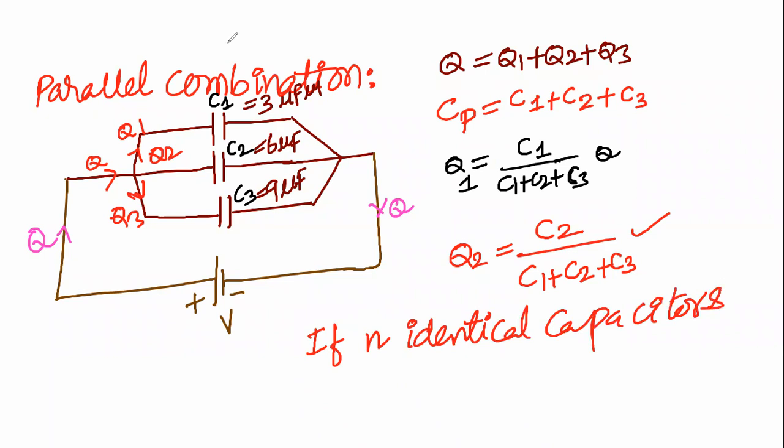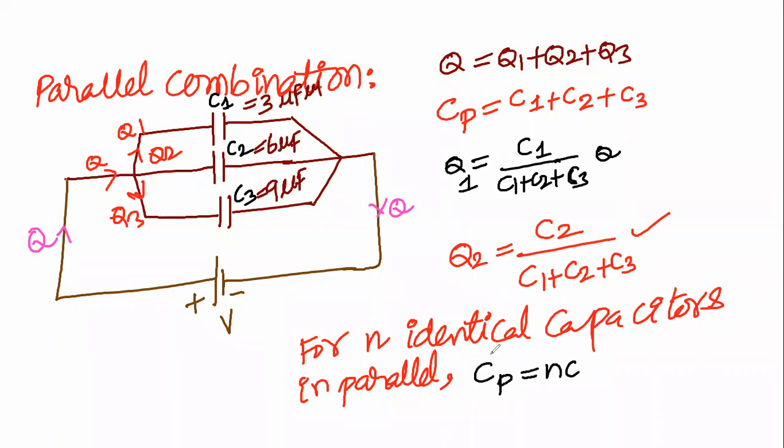For n identical capacitors in parallel combination, the effective capacitance of the system Cp is equal to n into C. If n identical capacitors are connected in parallel, the effective capacitance of the system Cp is equal to n into C.